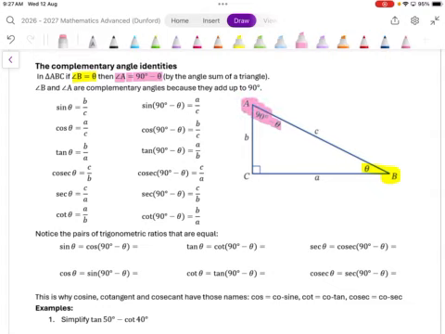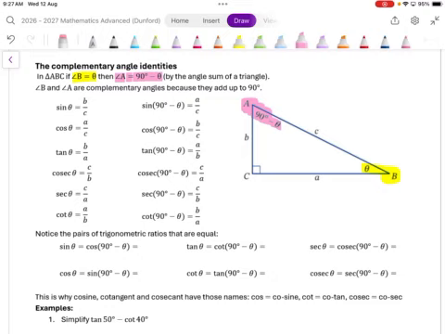Because we have our right angle triangle, so we have 90 minus theta and we have theta. So we can say that angle B and angle A are complementary angles because they add up to 90. A complementary angle adds up to 90.